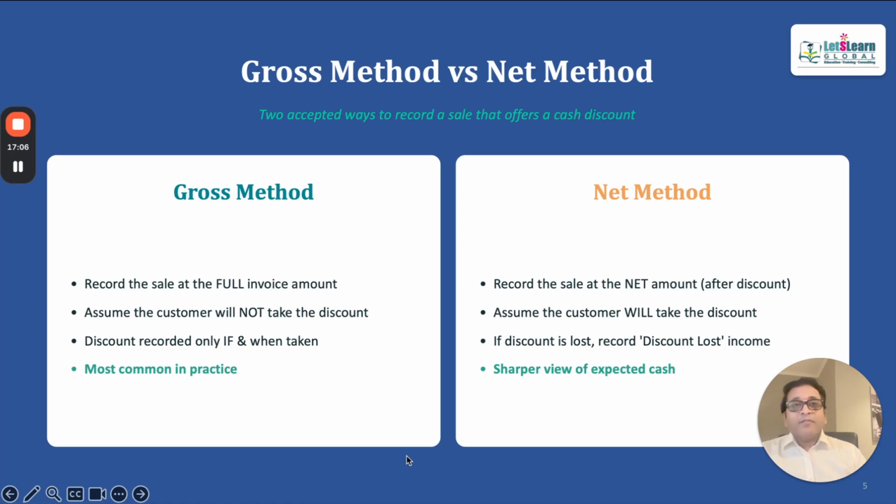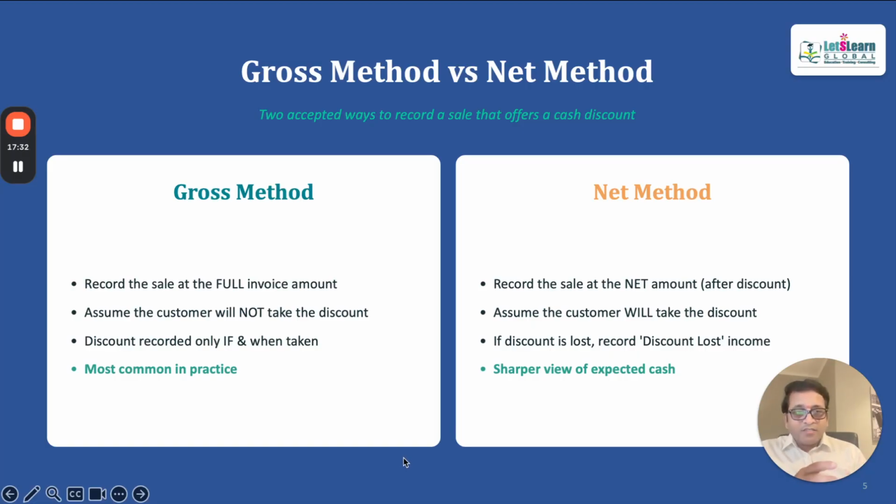But the net method is not like that. We expect that the customer will definitely come within the discount period. So we reduce the amount and record the net amount. When the customer comes, the net amount is already there, so we'll just write an entry. But what happens if the customer doesn't turn up within the discount period?